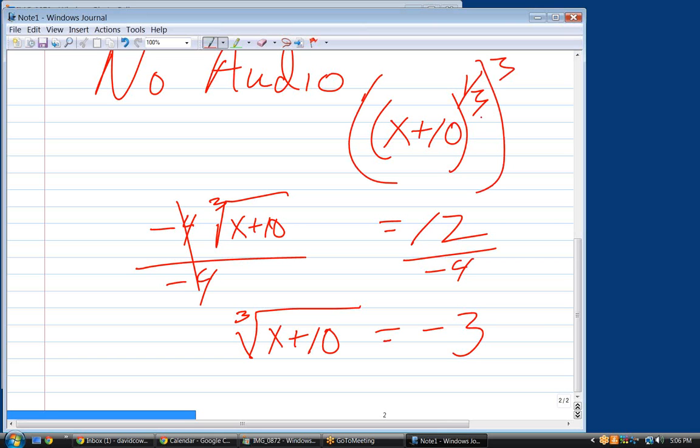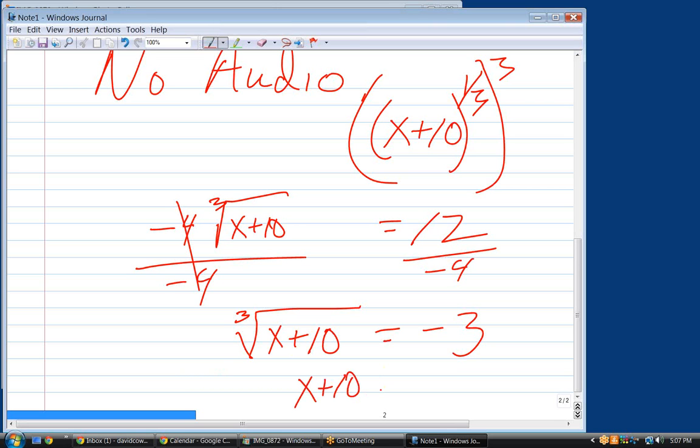When you have double exponentiation, you multiply the exponents. So that would reduce that to x plus 10. So no matter what the exponent is, we can always multiply by something to make it 1. Or in this case, we're going to cube both sides.